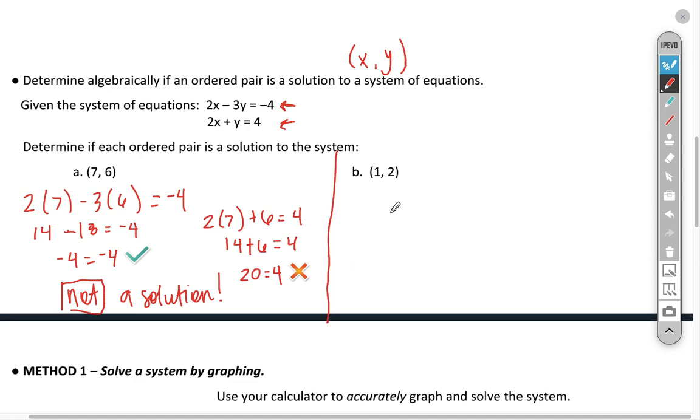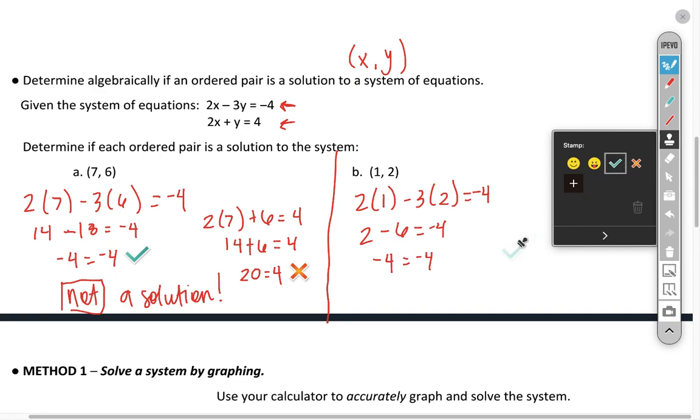So let's try B. For our first one, we have 2 times 1 minus 3 times 2 equals negative 4. That gives us 2 minus 6 equals negative 4, and then negative 4 equals negative 4. Looking good so far?